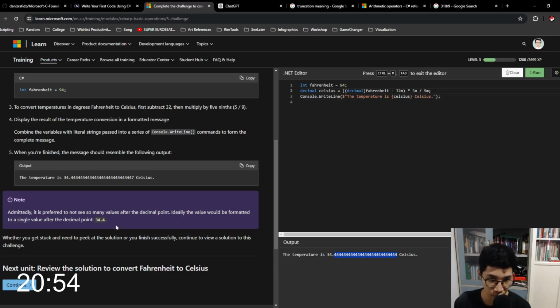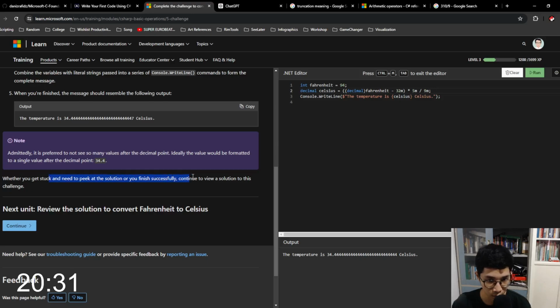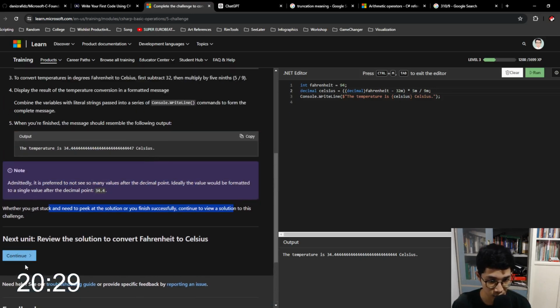Ideally, the value will be formatted to a single value after the decimal point. Yes, this is a very ideal display. I like it because it's very neat. You don't have to look at many values after the decimal point, unless you have a special purpose for that. Whether you get stuck or not, just continue the challenge.